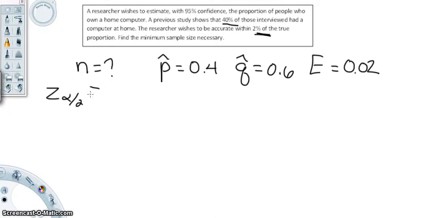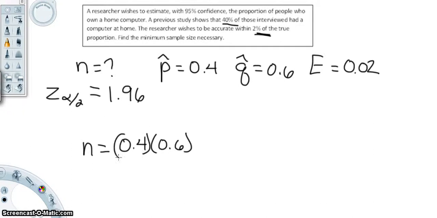Z sub alpha over 2 for 95% is 1.96. So we substitute these into the formula. We say n equals our p hat times q hat, so 0.4 times 0.6, times our z sub alpha over 2, 1.96, over our e, which is 0.02, and we square it.